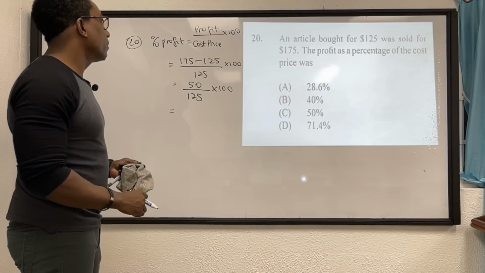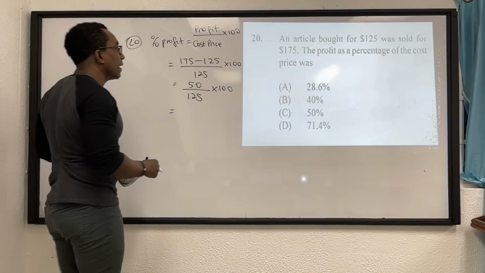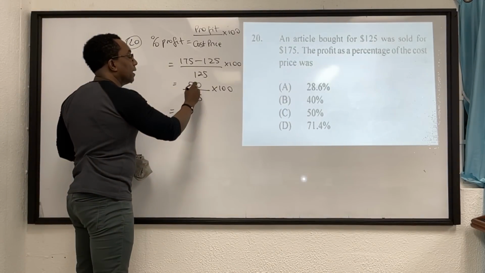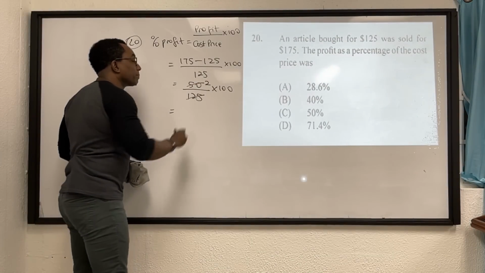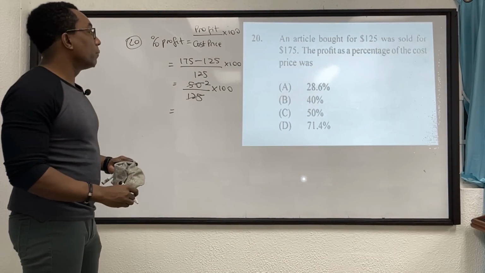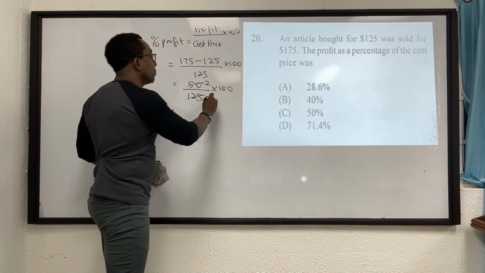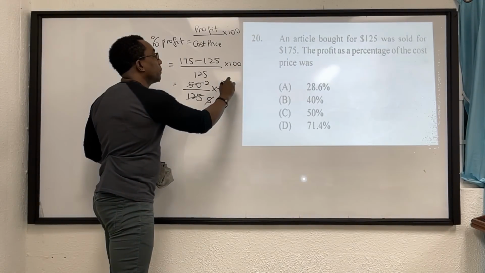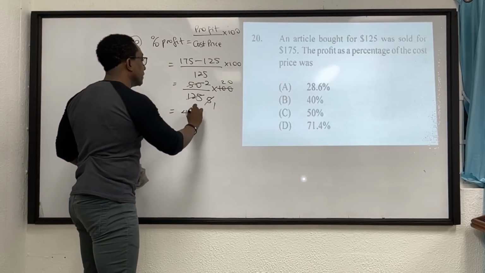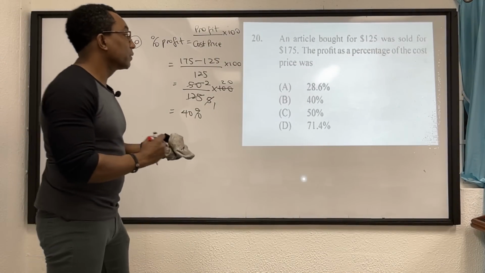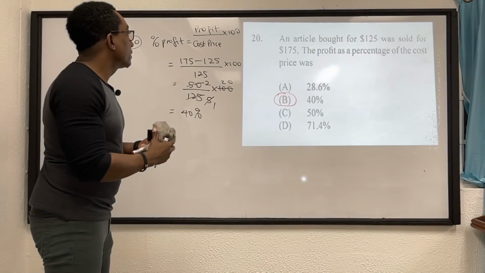When we work that out, we can say 25 into 50 is 2, and 25 into 125 is 5. We can say 5 into 5 is 1, 5 into 100 is 20. And 20 by 2 will give us 40%. That will be the percentage profit, whose answer is B. Let's move on to question 21.